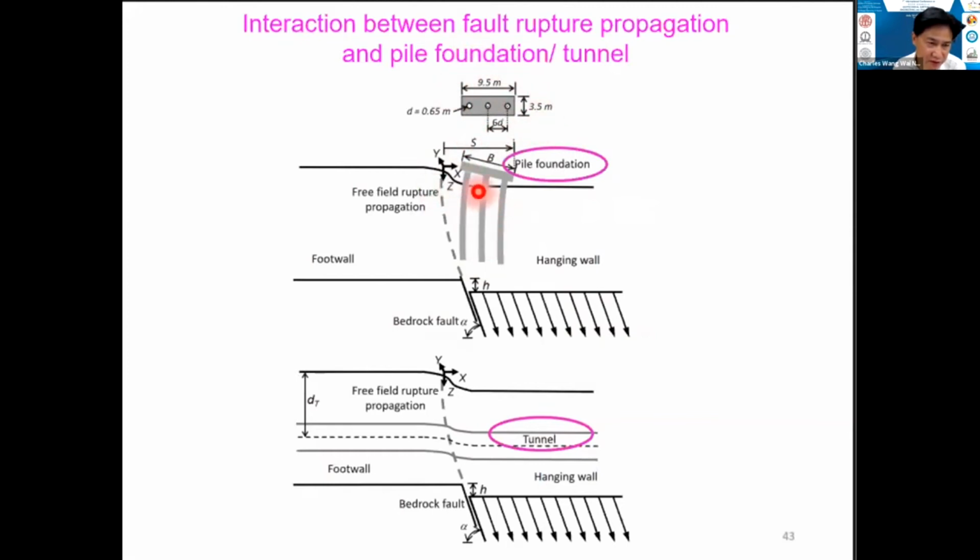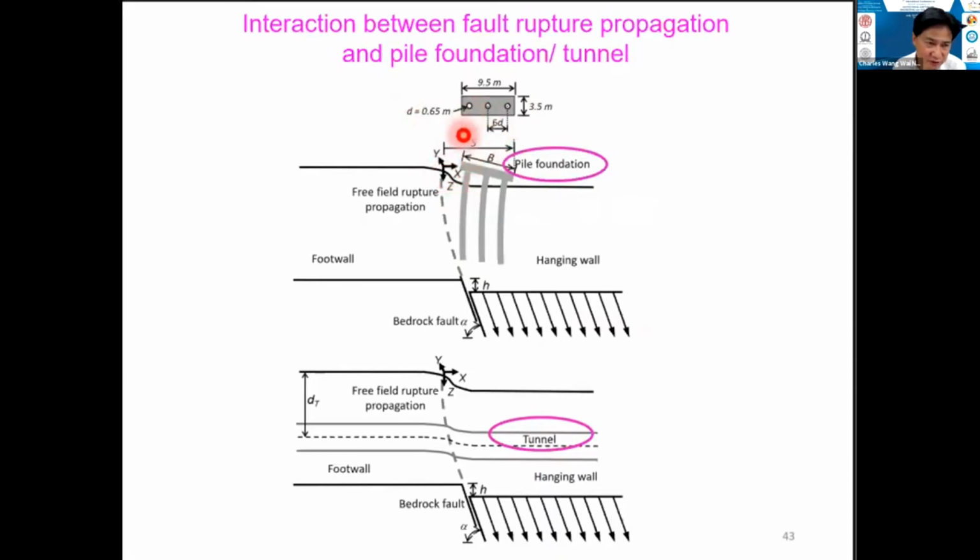The location of this pile group is defined by the coordinate x in the horizontal direction, and also depth in that direction, and y is the second axis into the screen.